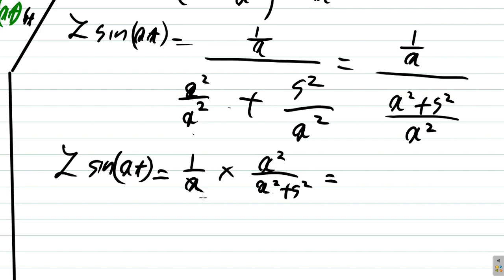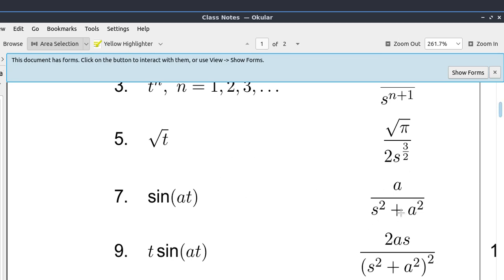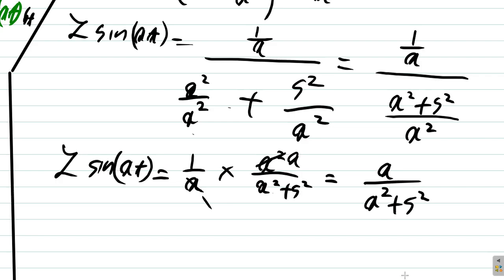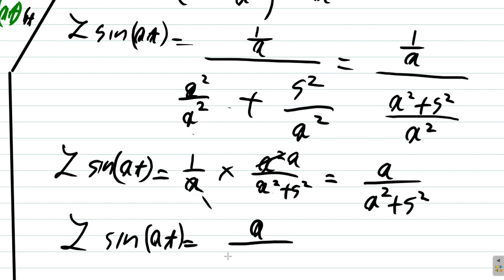So a into a goes one time, a into a squared goes a times. It is a over a squared plus s squared. Is that what the table said? Let's look back. A over s squared plus a squared. Good. It's just that they write s squared first. So the Laplace transform of sine at is equal to a over s squared plus a squared.